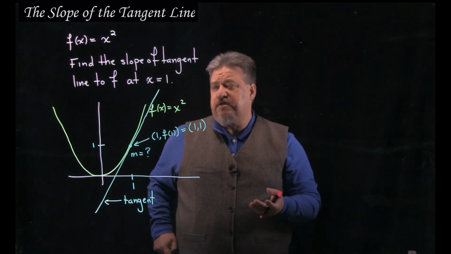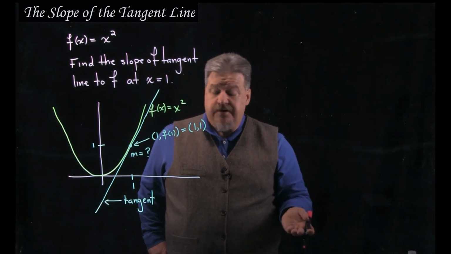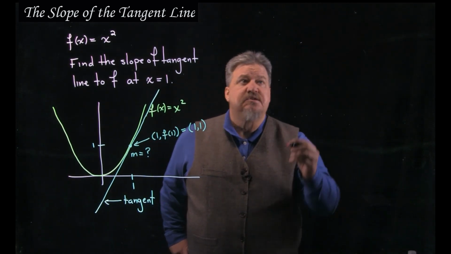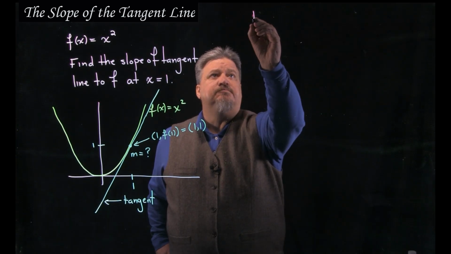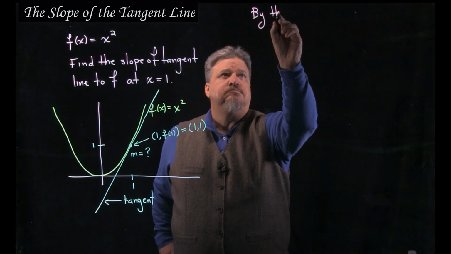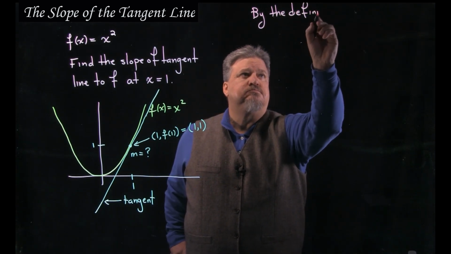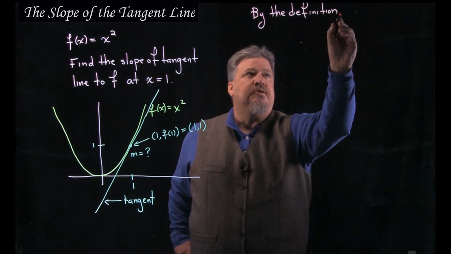Now eventually we'll have a theorem. By the time you're watching this video, you probably know the derivative of x squared is 2x, but we want to do it by the definition, just as an illustration of technique.